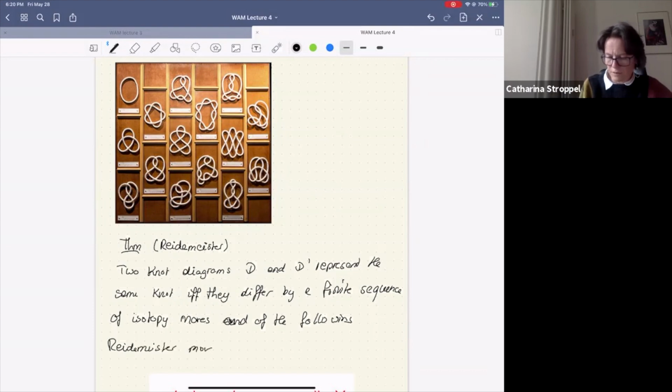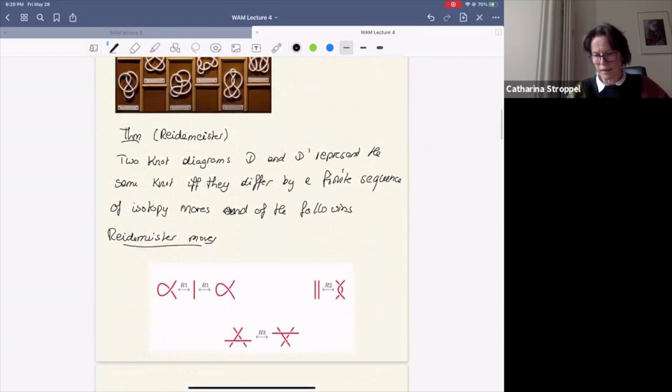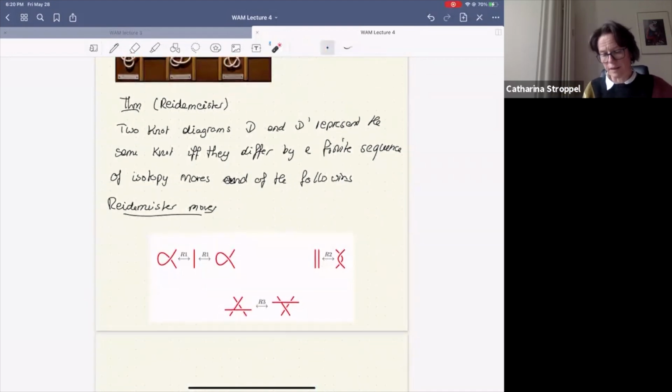So what are these moves? You have your knot diagram, and you might change it slightly locally. For instance, when you have a little curl, you can just pull at the ends and make it straight. And it could also be the other curl in the opposite direction. Or if you have a strand going over another one, you can pull them apart to make them two strands next to each other.